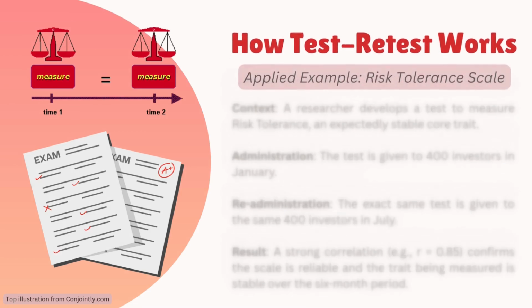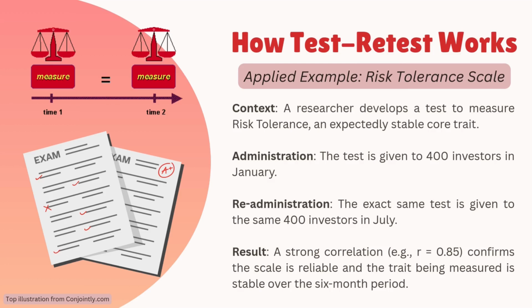So now let's go over a real-life example of this. Let us imagine a financial researcher who develops a new scale to measure risk tolerance. This is basically how much risk an investor is comfortable with, and this is a core trait that shouldn't change overnight. And so, the researcher gives the risk tolerance test to 400 financial investors in January. They then give the same exact test to the same 400 investors in July.